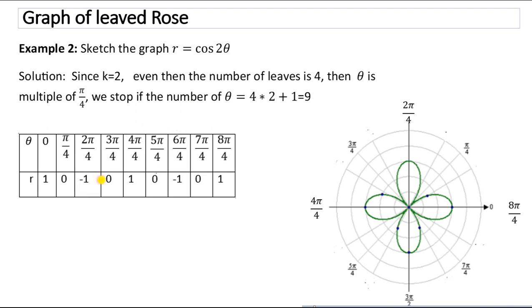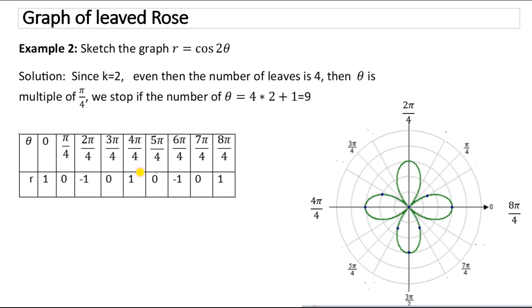If theta equals 3 pi over 4, I get cosine 3 pi over 2, 0. If theta equals 4 pi over 4, I get cosine 2 pi, 1.